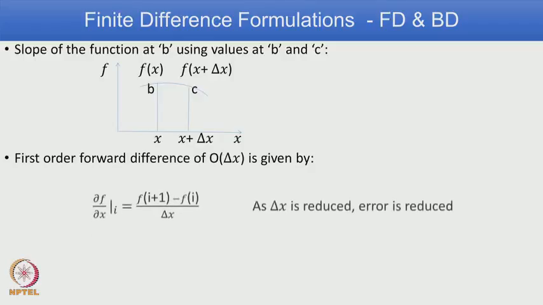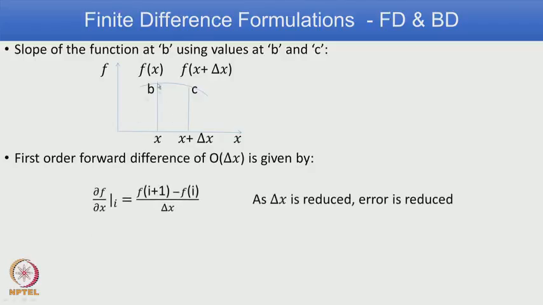Dou f by dou x is actually the derivative or slope at this point x, and you can also represent it in terms of I notation. So, x is I, that is the point of interest, and f of x plus delta x becomes f of I plus 1. So f of x plus delta x becomes f of I plus 1, f of x becomes f of I, and you get a formula like this. This is the forward difference formula for the first derivative.